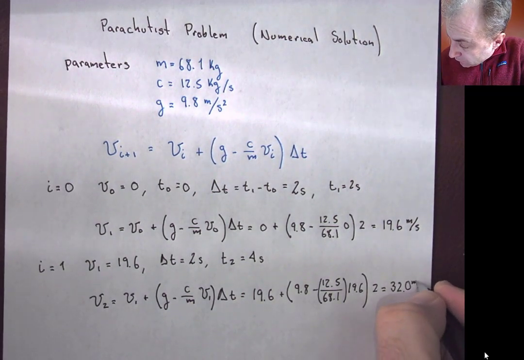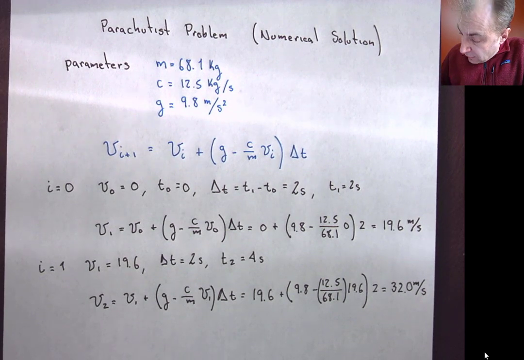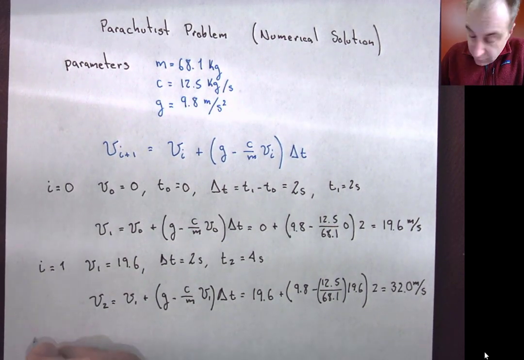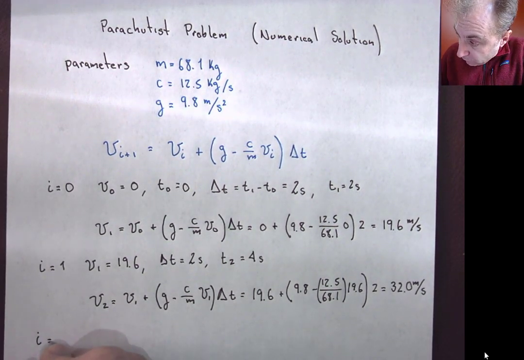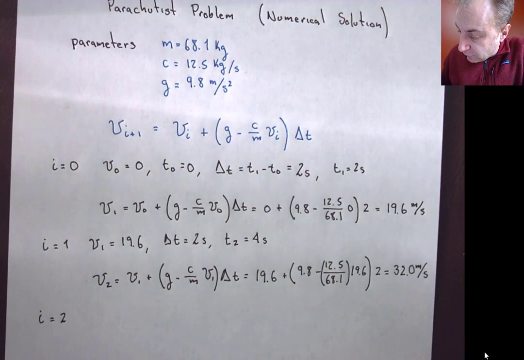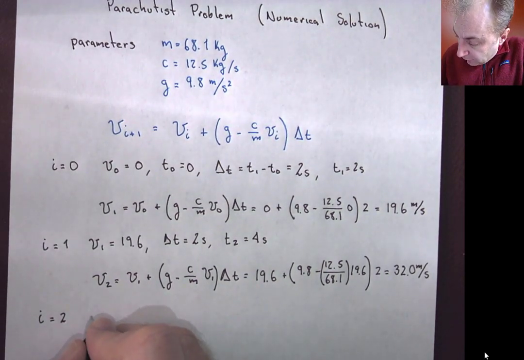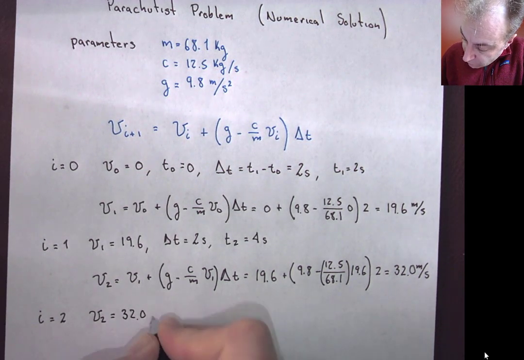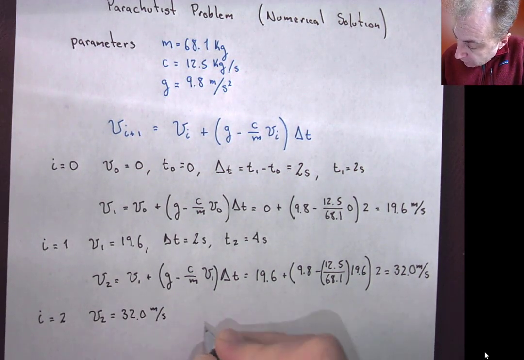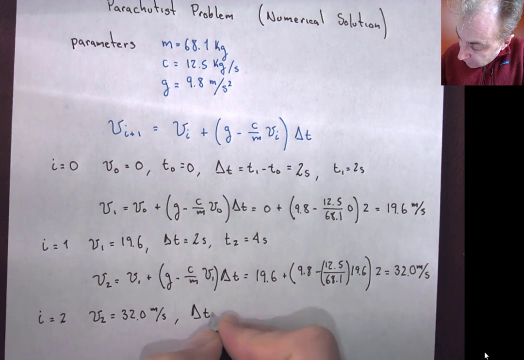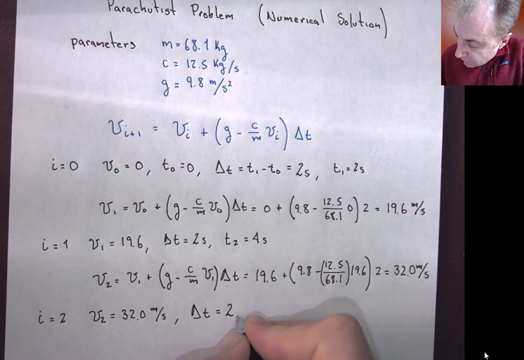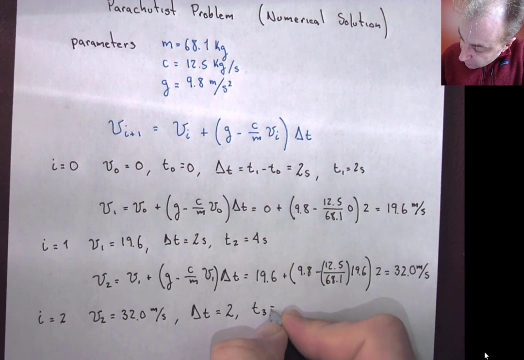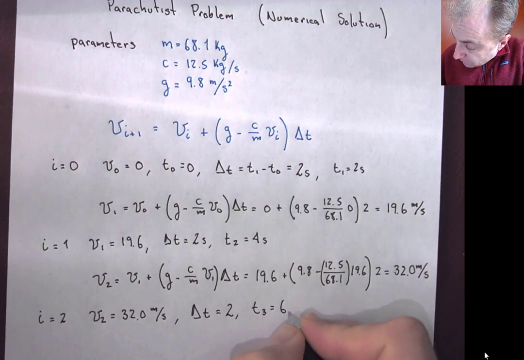And that is 32.0 meters per second. And so now we go to i equals 2, and that's the last iteration I'll do. That leads to v2 equal to 32.0 meters per second. Then we have delta t, that is 2 seconds, and t3, which is 6 seconds.